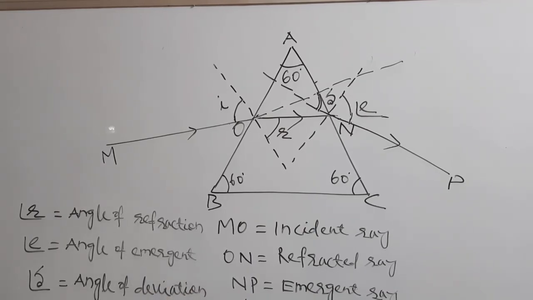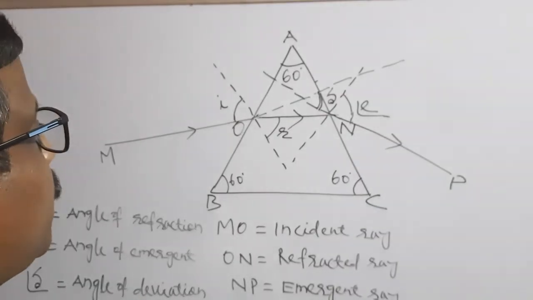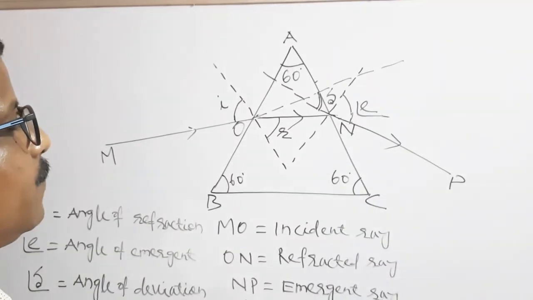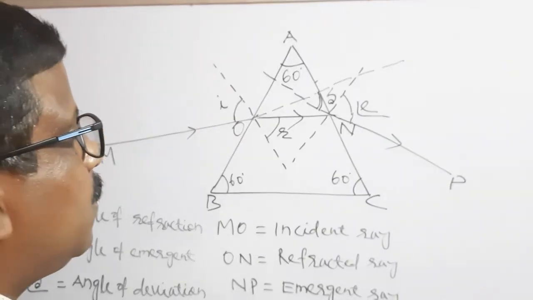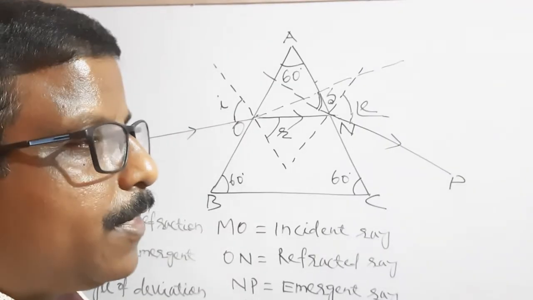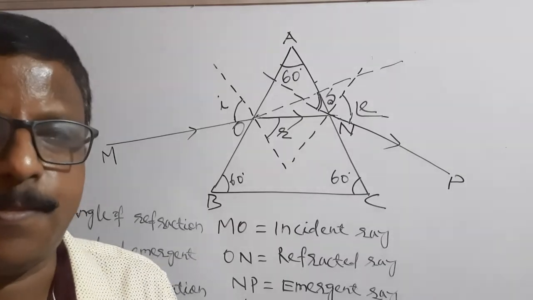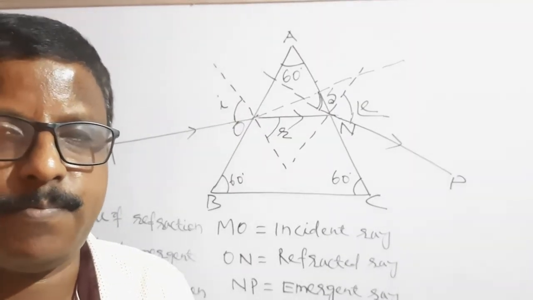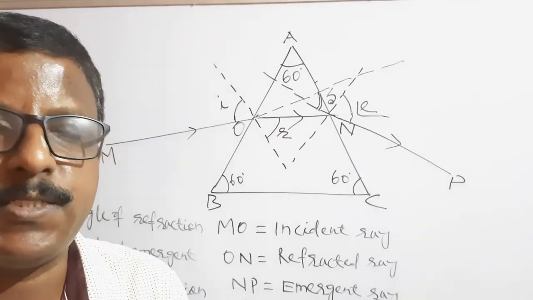Understood? Now this angle of deviation depends upon what? The angle of deviation depends upon the refractive index. If the medium has a higher refractive index, the deviation of the light ray will be more. Suppose the refractive index of water is 1.33, the refractive index of glass is 1.5, and the refractive index of diamond is 2.0.